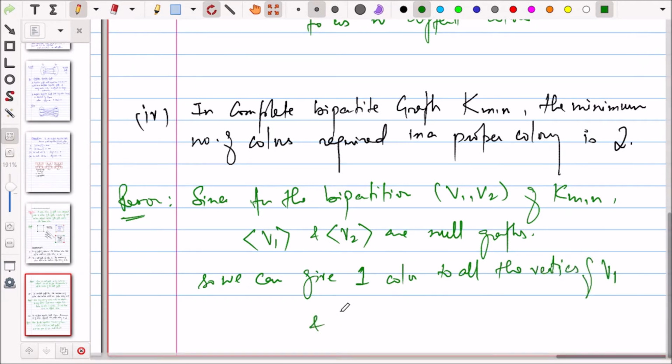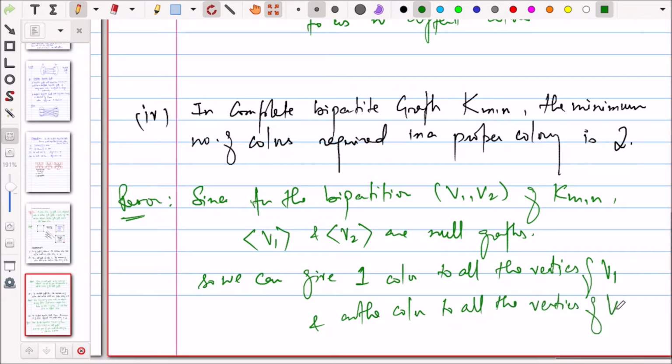And another color to all the vertices of V2, and it will form a proper coloring. Right?